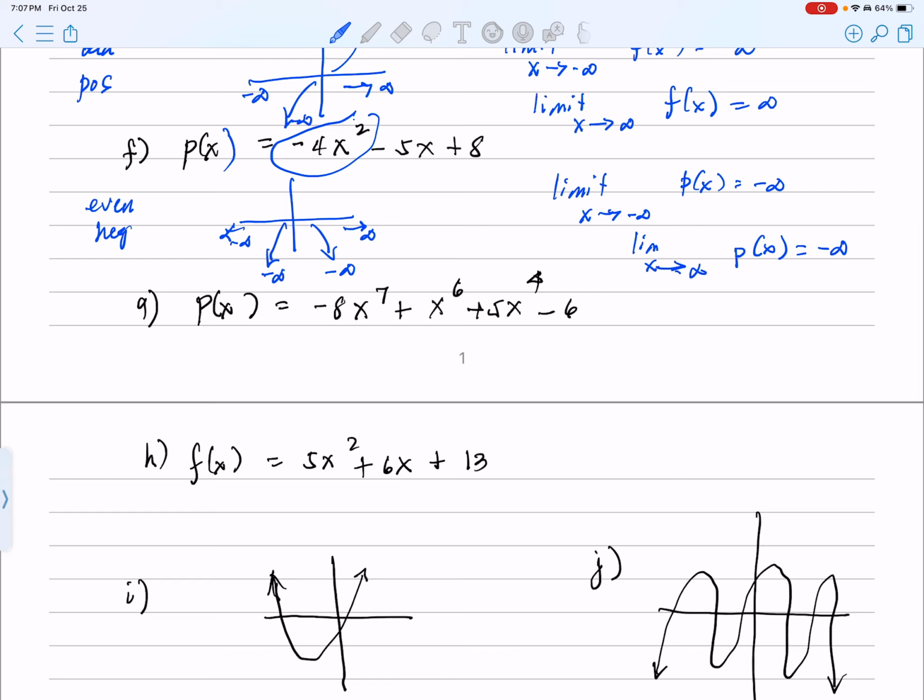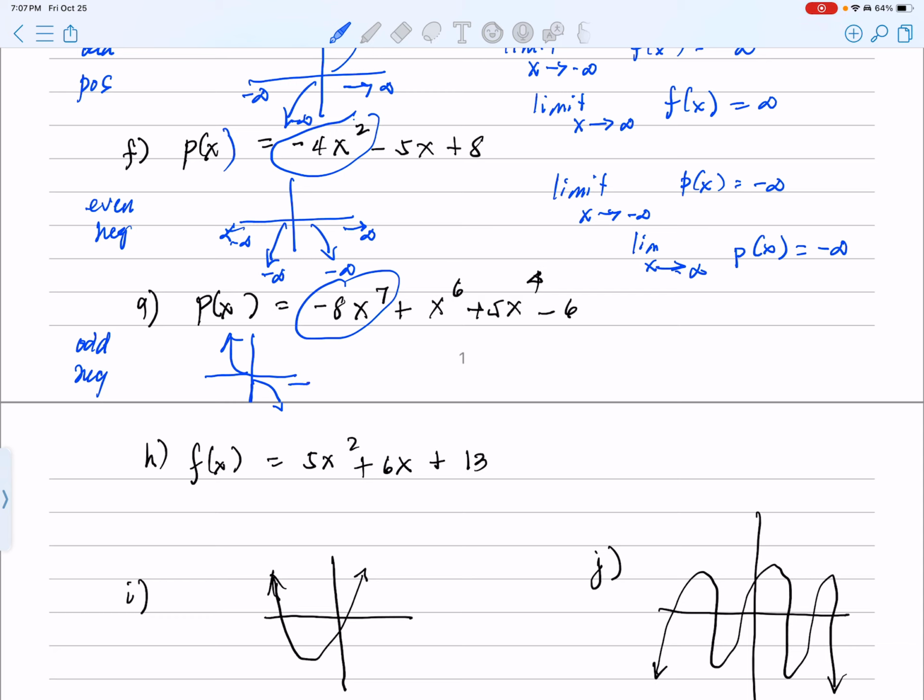Okay, let's do letter G. The p of x is equals to negative 8x to the power of 7 plus x to the power of 6 plus 5x to the power of 4 minus 6. Okay, let's look at the leading coefficient. The leading coefficient is negative. Odd, negative. That means the first thing that I have to look is the right falls down, so the left rises up.